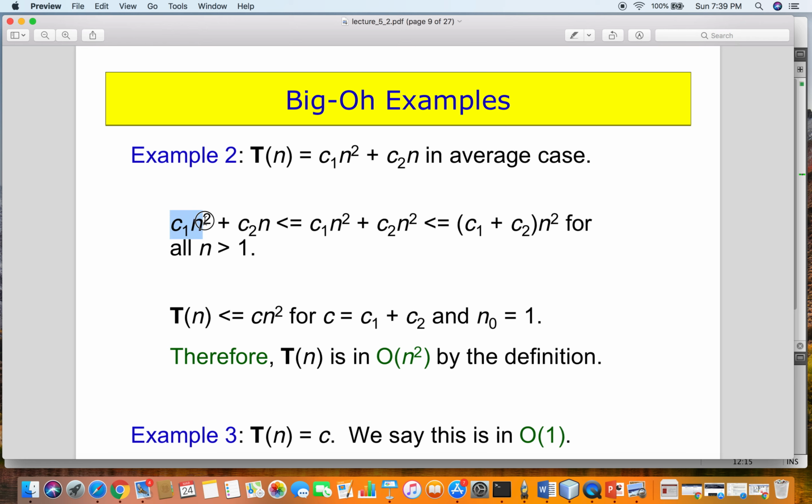For example, c1 n squared + c2 n: the highest grade is n squared, so we make all these terms n squared according to the definition, and we take O(n squared), which is the tightest case. We can make it n cubed as well, that is also big O, but as per the rule we take the tightest one, so we use O(n squared).